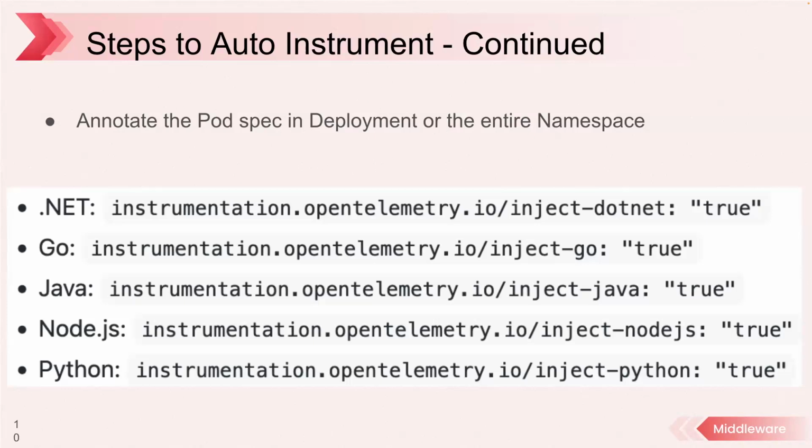And the way to instrument is just to add a simple annotation to your Kubernetes deployments, saying if an application is implemented in Python, just add this annotation, and it will start auto-instrumenting the application. So this is the final step. And as you see, there is nothing we did inside the code of an application. This is all happening either within the Kubernetes configuration or the OpenTelemetry configuration. So you don't need to change your application at all to generate the traces.